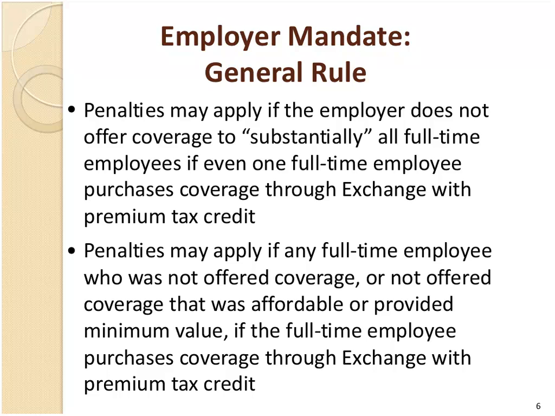Starting in 2016, substantially all is 95%. It was 70% for 2015 as part of the transition relief, but starting in 2016, it'll be 95%. And to avoid the A penalty, you'll want to make sure that you offer coverage to at least 95% of your employees.